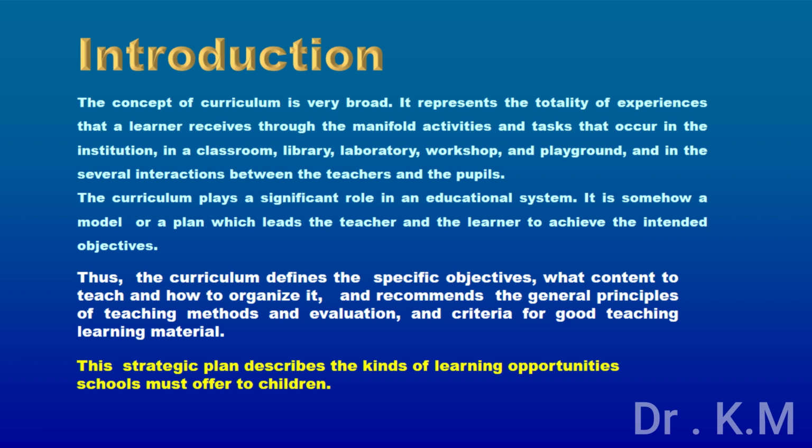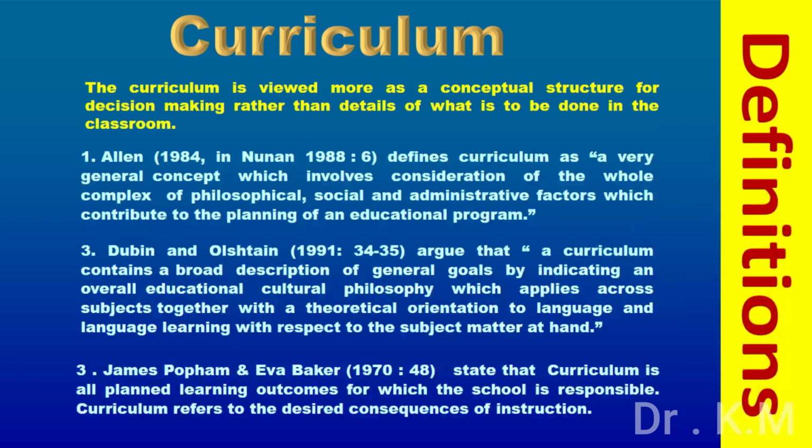Thus, the curriculum defines the specific objectives, what content to teach and how to organize it, and recommends the general principles of teaching methods and evaluation, and criteria for good teaching learning material. This strategic plan describes the kinds of learning opportunities schools must offer to children. Curriculum.